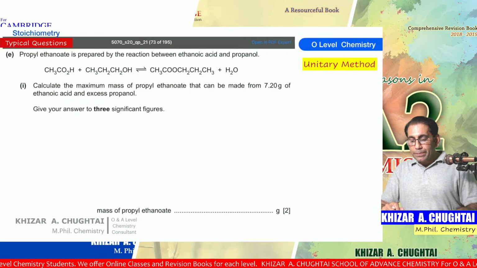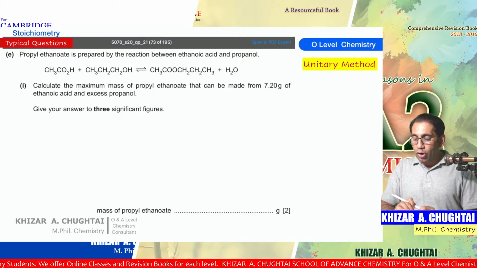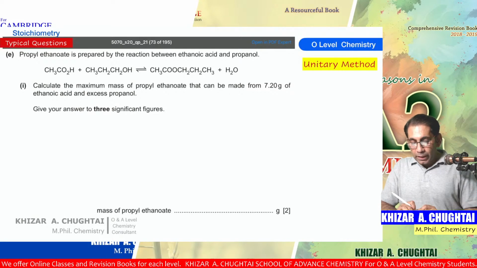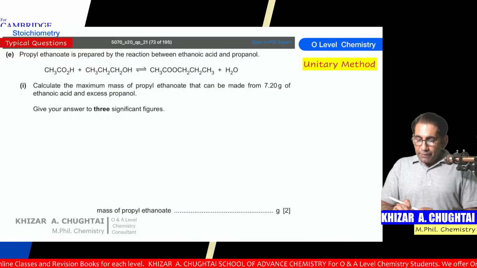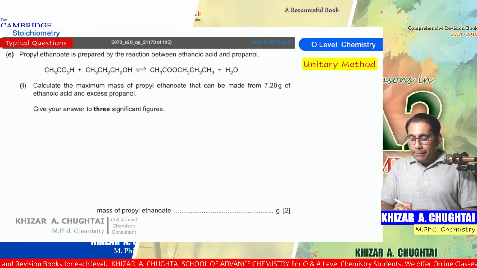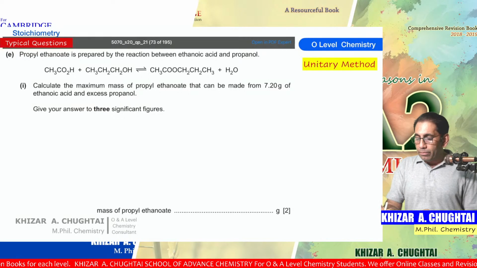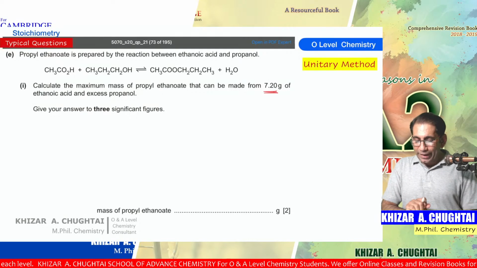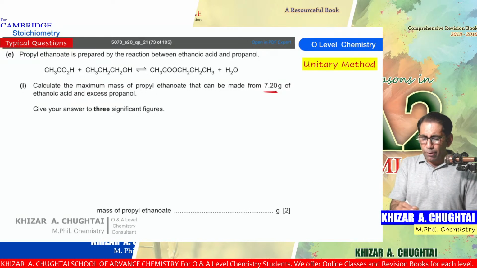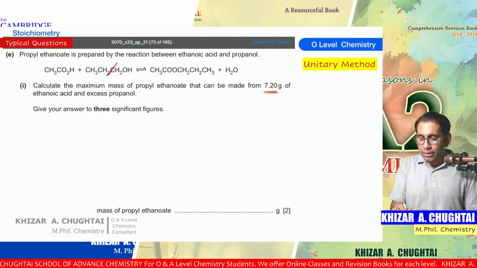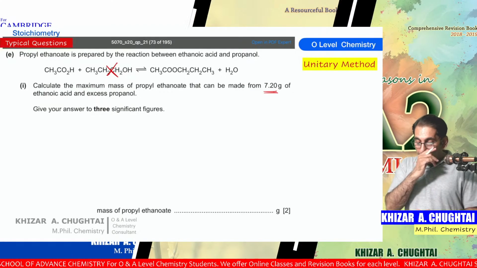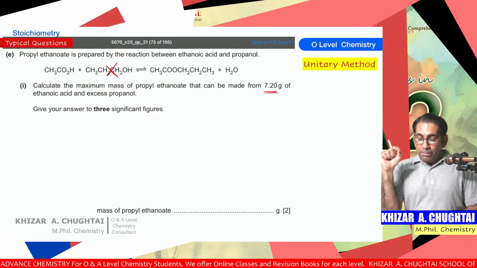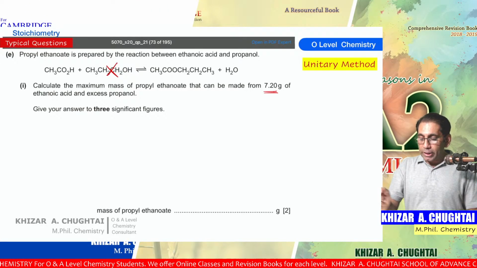Propyl ethanoate is prepared by the reaction between ethanoic acid and propanol. Calculate the maximum mass of the propyl ethanoate that can be made from 7.2 gram of ethanoic acid and excess propanol. Excess propanol means we have no concern with this one. Now, what is the maximum mass of propyl ethanoate?